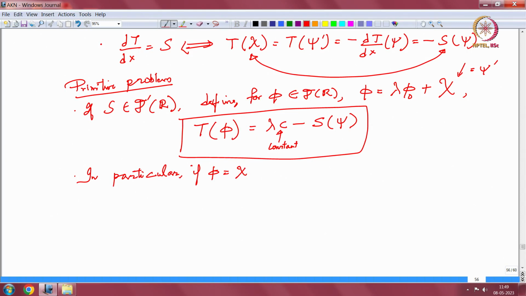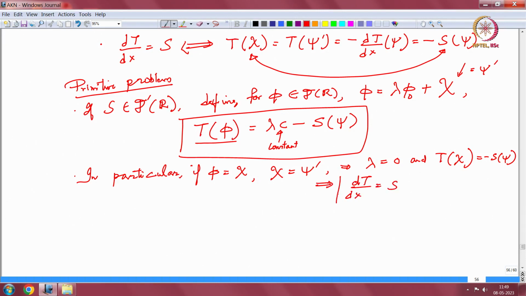So for some lambda for your integral value 0, chi is equal to phi, then chi is equal to psi prime immediately, and in this case lambda is equal to 0, that is the meaning of lambda equal to 0, and T of phi, lambda is equal to 0. So there T of chi is equal to nothing but minus S I. That is precisely the condition dT by dx is equal to S. Yes. So you can solve it.